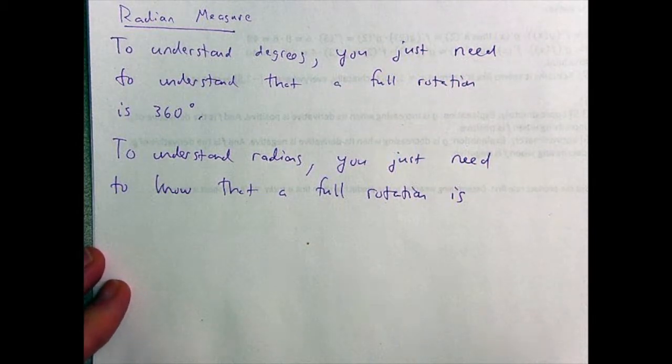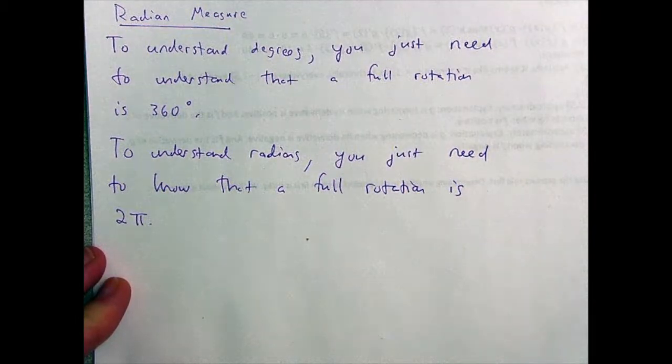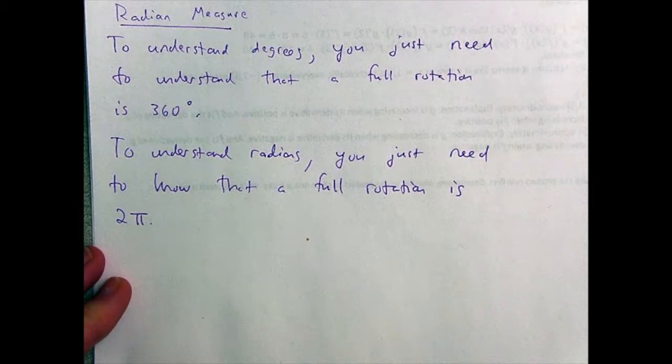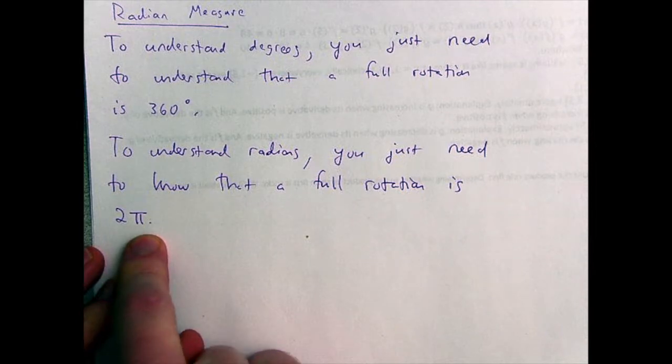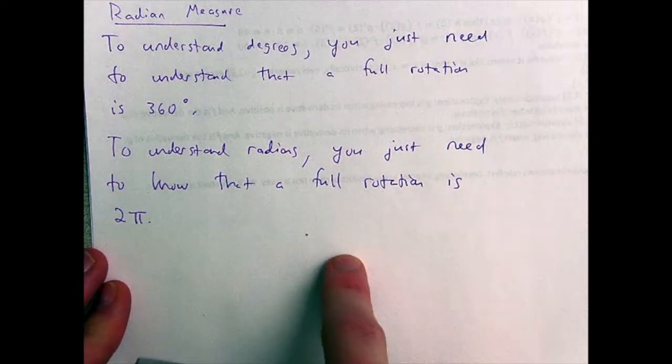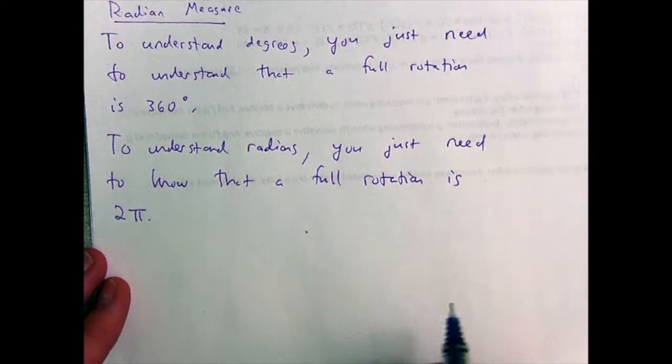The answer is a little strange. It's 2 pi. That's definitely odd because 2 pi is an irrational number, and it's a bit strange to say that it requires an irrational number of radians to go full circle. But as we'll see, this is all you need to know to understand radians. Okay? So we know that a full rotation all the way around is 2 pi radians. And from that, we can work out everything else.